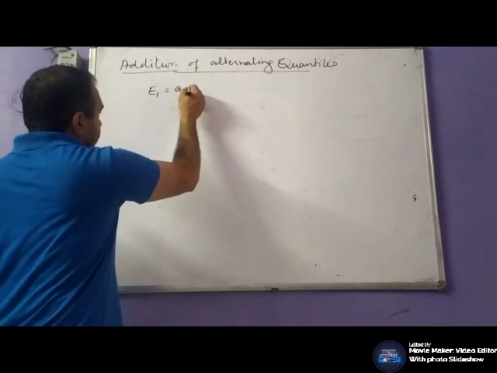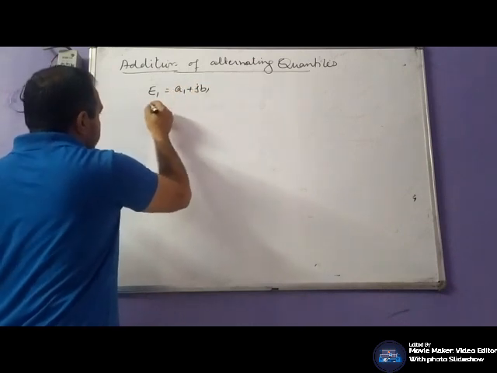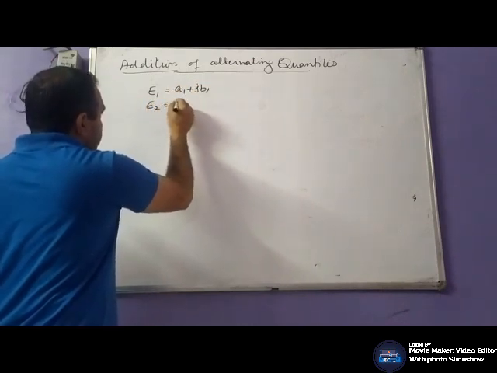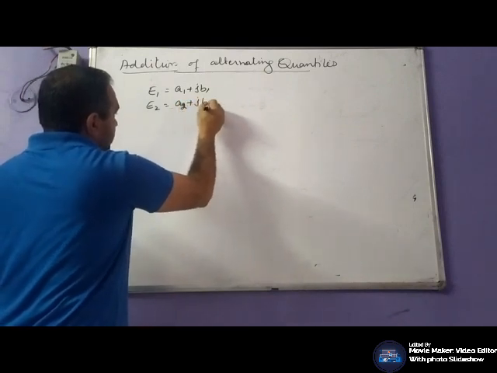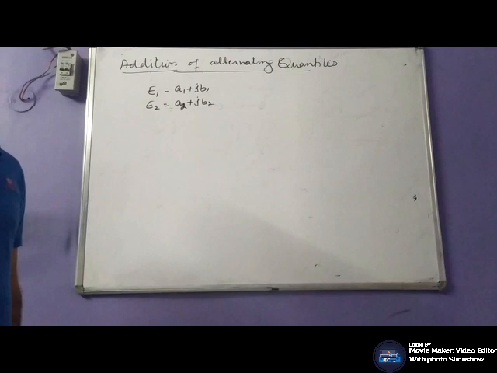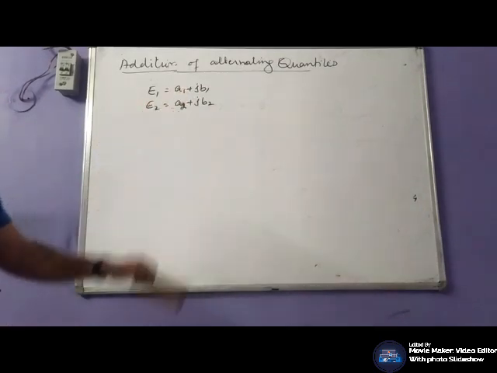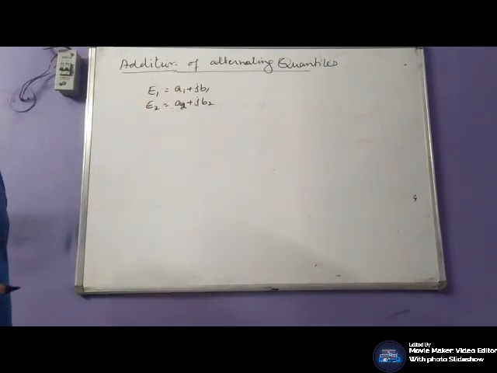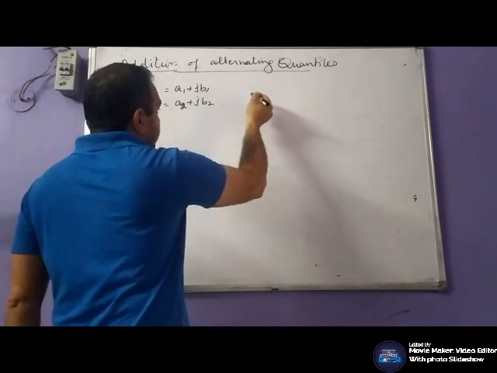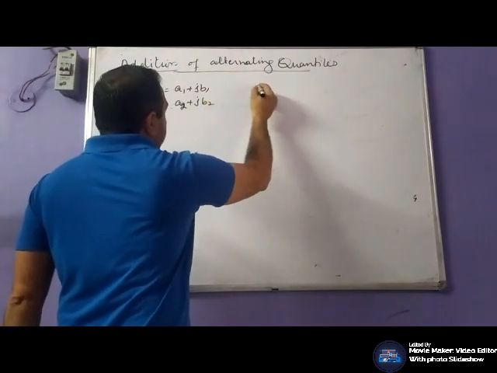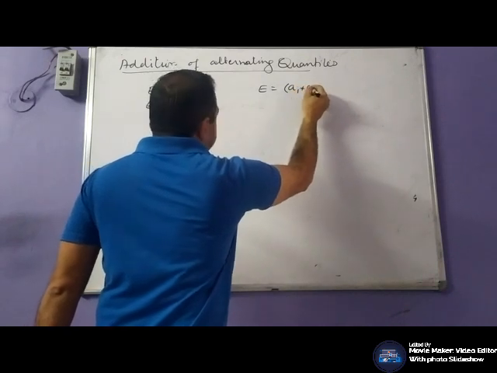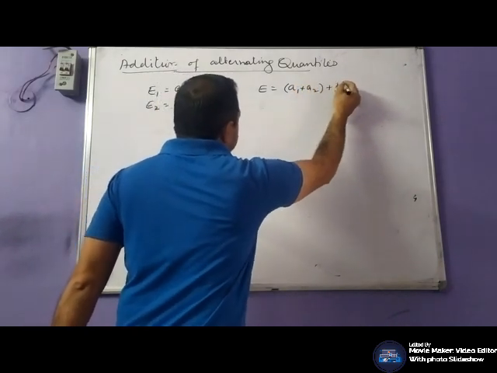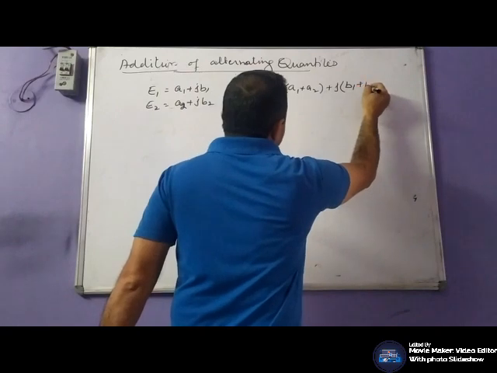E1 is A1 plus j B1, E2 is A2 plus j B2. In this form addition is simple. So what would be the resultant E? E would be A1 plus A2 plus j times B1 plus B2.